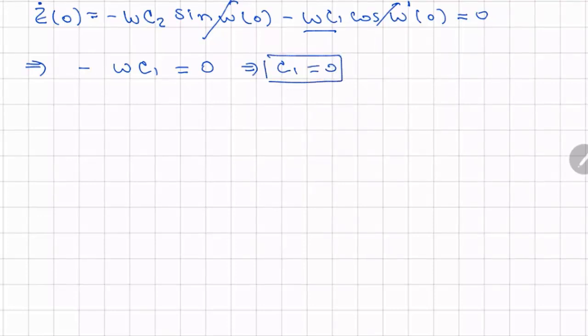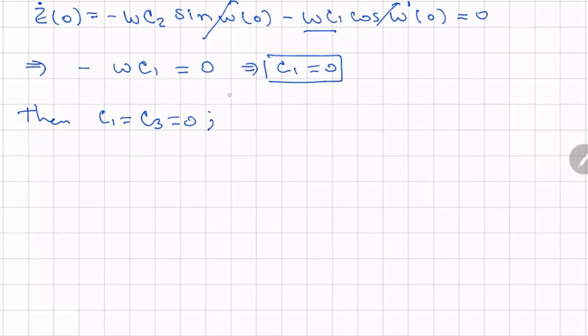Okay, guys, we calculated the constants, all right? Then with all those calculations, we know that C1 is equal to C3 equal to 0.